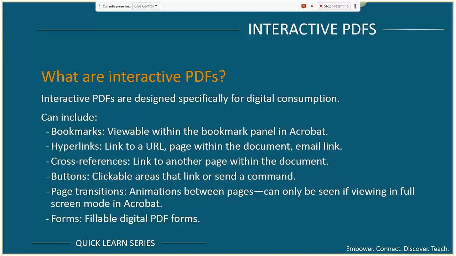Hyperlinks: if you're using Word and then creating your PDF, those hyperlinks will come through, but in other programs they might not come through, such as InDesign. So we'll talk about how you can add those hyperlinks. Cross-references are a type of hyperlink, but they're usually just a link to another page within the document. Sometimes your table of contents will link to another page in the document with that topic.